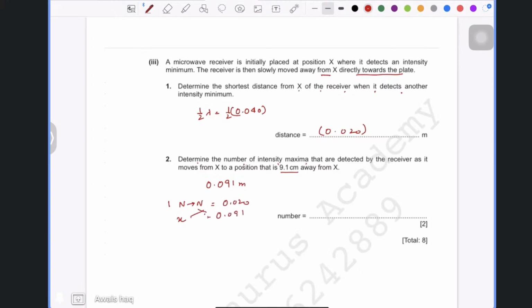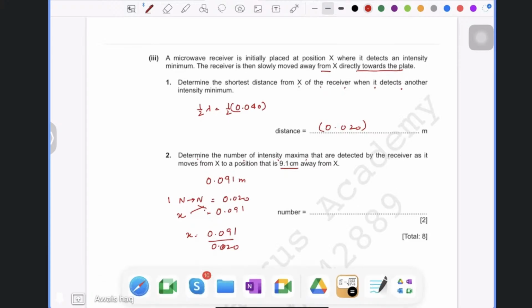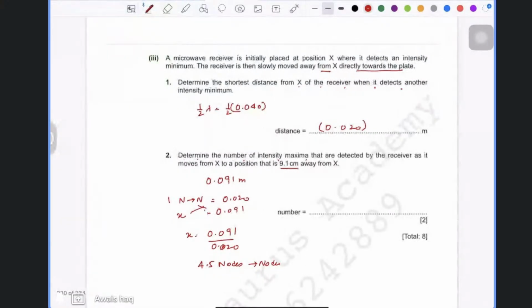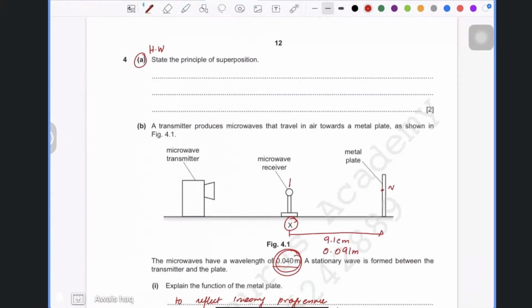We're going to cross multiply this, and it's going to be 0.091 divided by 0.020. And if I do that, it's basically telling me that it's going to be something like 4.5 node to nodes, which means there will be one node here, then another node, and then another node.